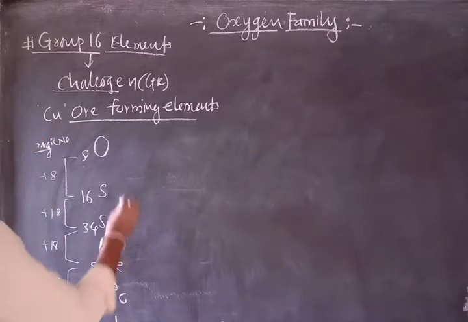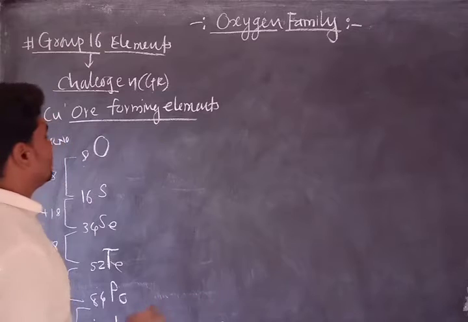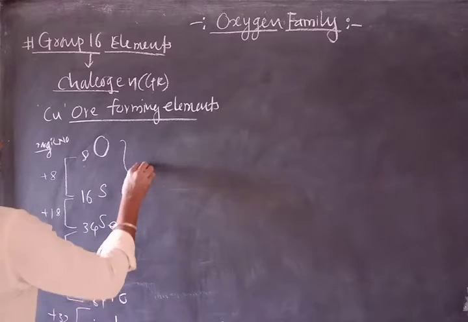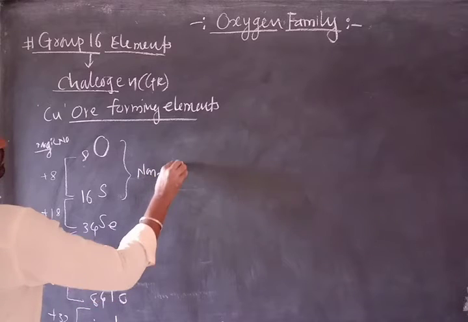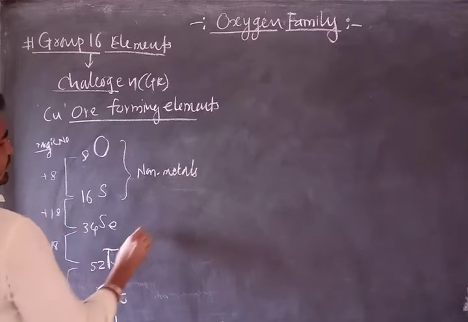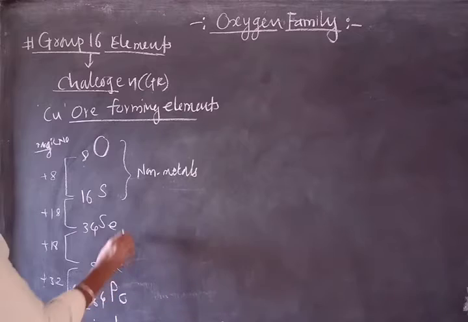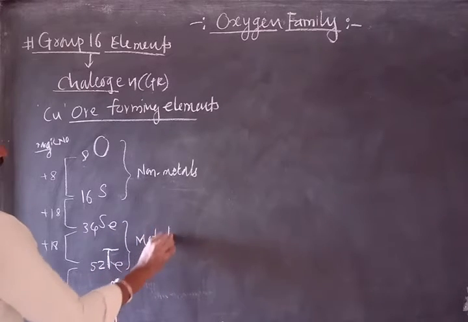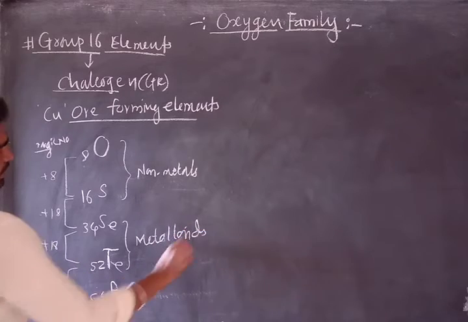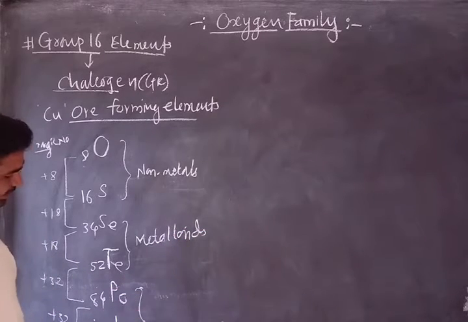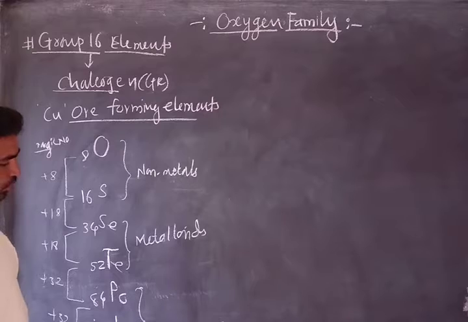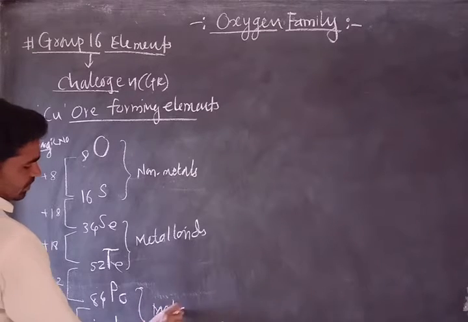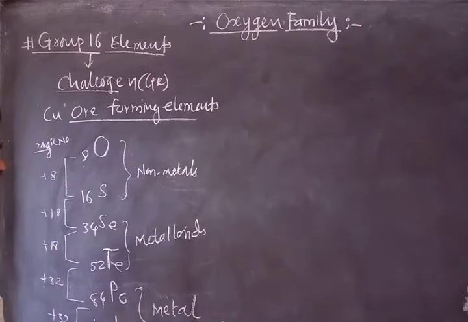Let me first tell you the nature of these elements. Oxygen and sulfur are non-metals. Selenium and tellurium are found as metalloids. And polonium and livermorium are found as metals.